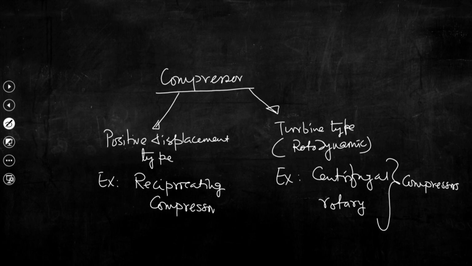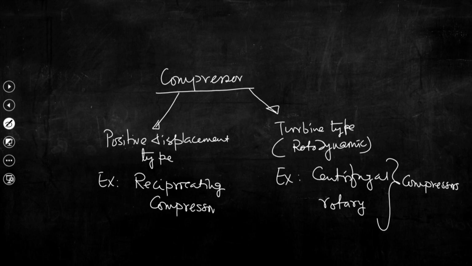So, the positive displacement type and the turbine type, that is rotodynamic, where whirling motion will be there. So, a rotating part will be there. We had seen, perhaps you have studied in the fluid machines course, the compressor is also a fluid machine, where the fluid is either air or any other gas. In hydraulic machines, perhaps you have studied pumps, there are different types of pumps available, positive displacement type and also rotodynamic pumps.